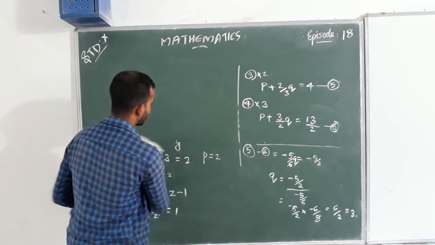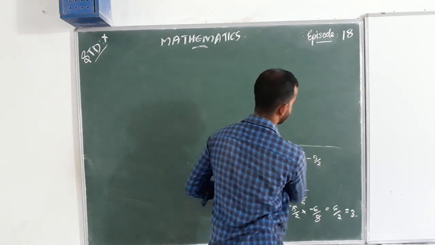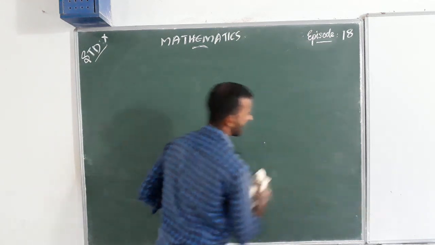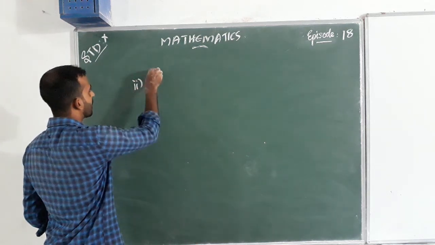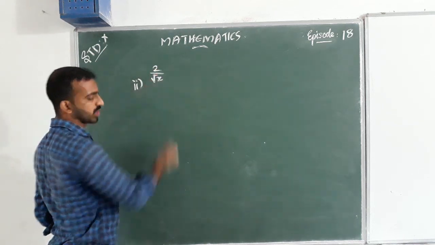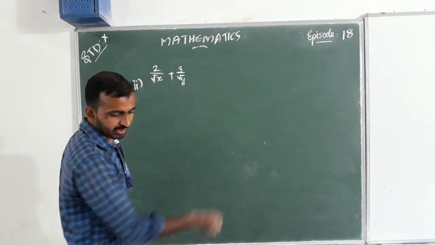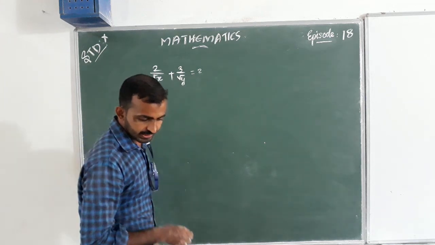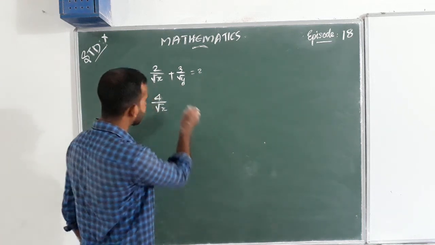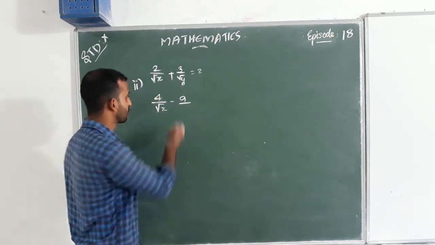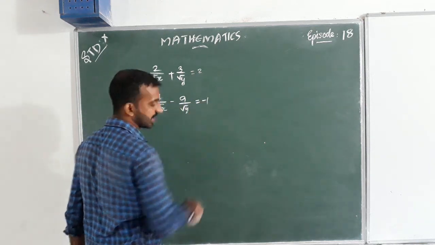Next question, the second question, is 2 by root x plus 3 by root y equal to 2 and 4 by root x minus 9 by root y equal to negative 1.